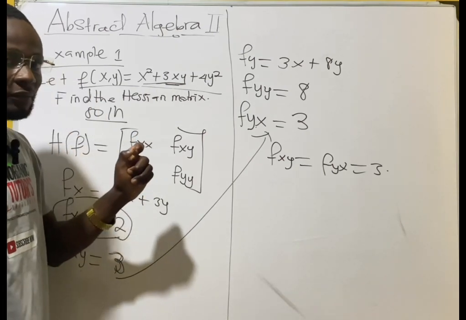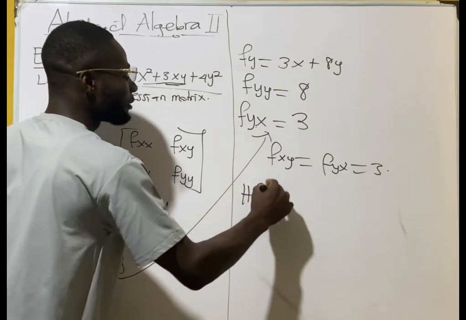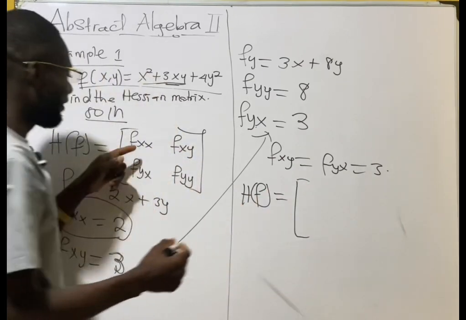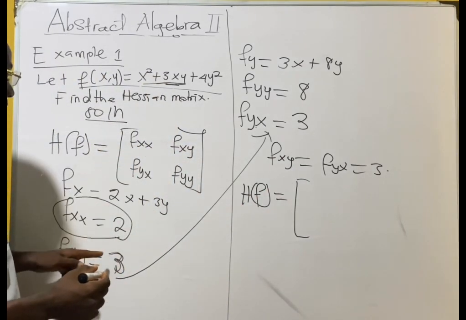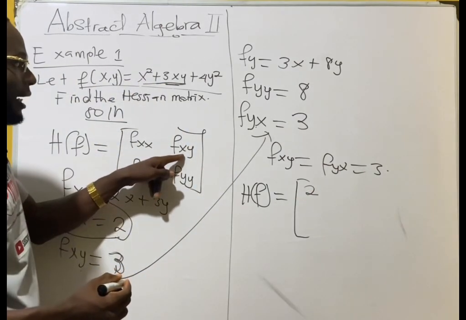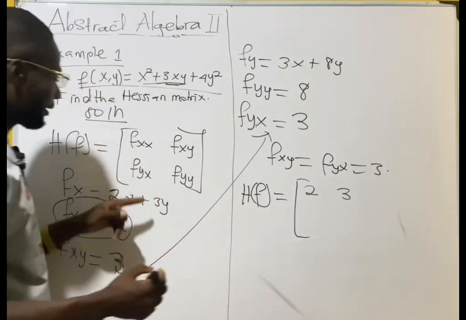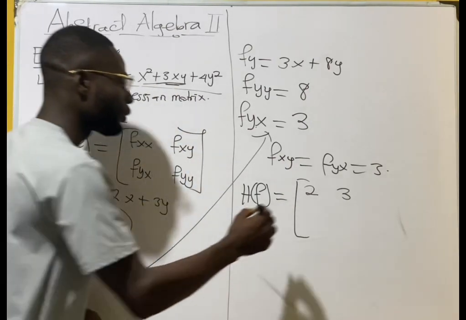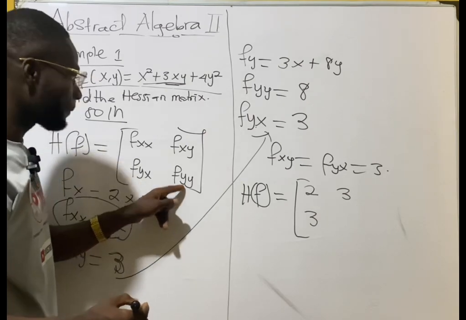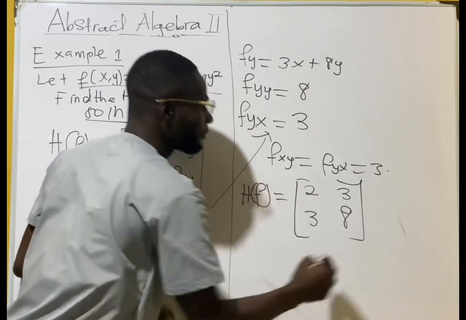Okay, so we have our Hessian matrix: fxx is 2, fxy is 3, fyx is also 3, and fyy is 8.